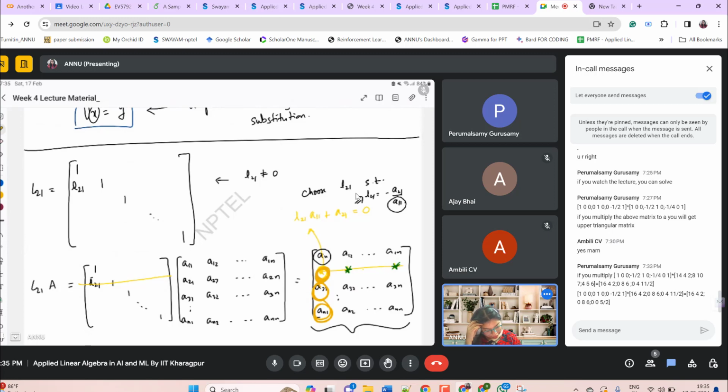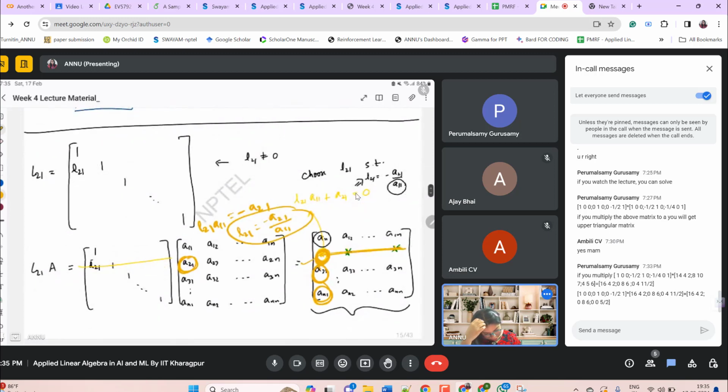Because we need to make this row 0. So L21 A11 should equal minus A21, because we need to make it 0. So L21 equals minus A21 divided by A11. This one I got, then it makes 0.